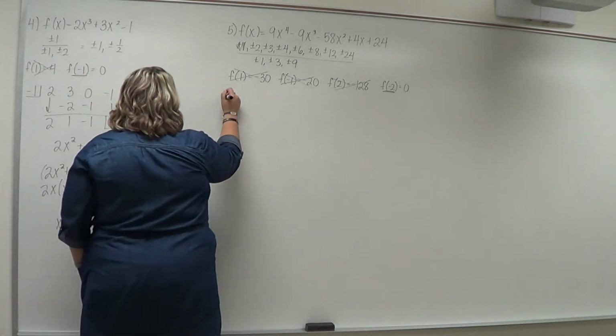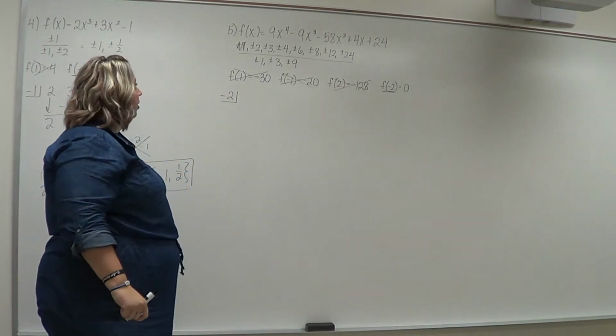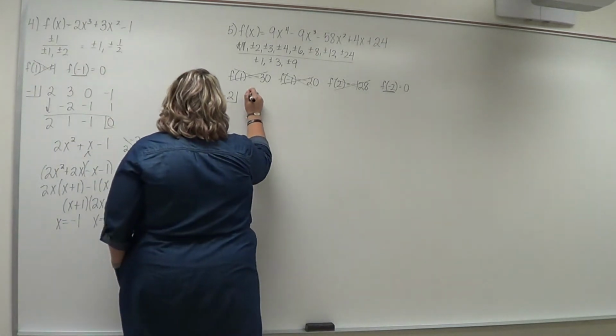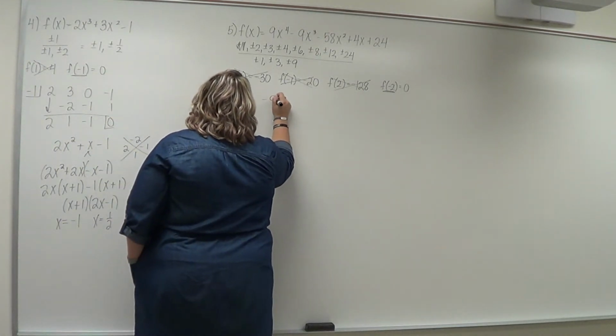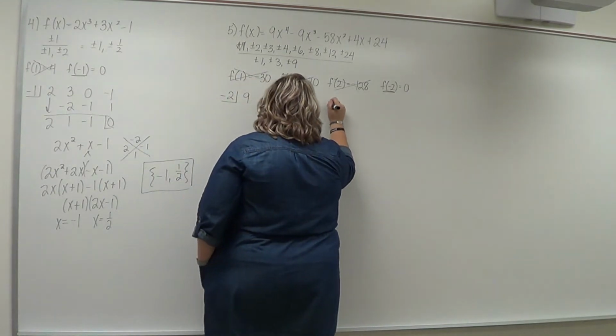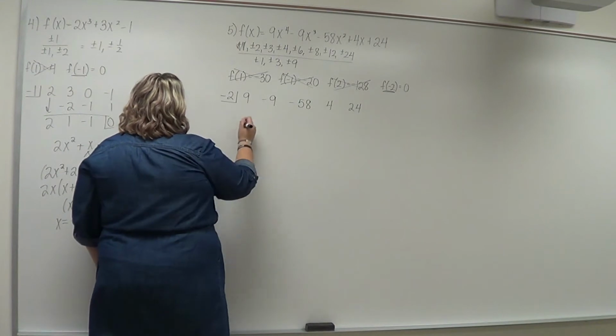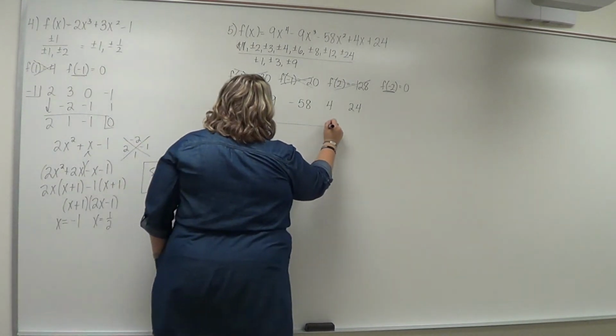So that means I'm going to do synthetic division with that number. So if I list my coefficients, this would be 9, negative 9, negative 58, 4, 24. Okay.